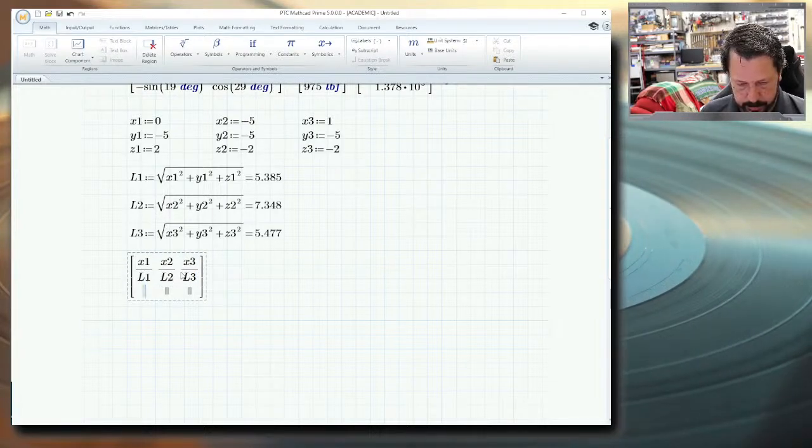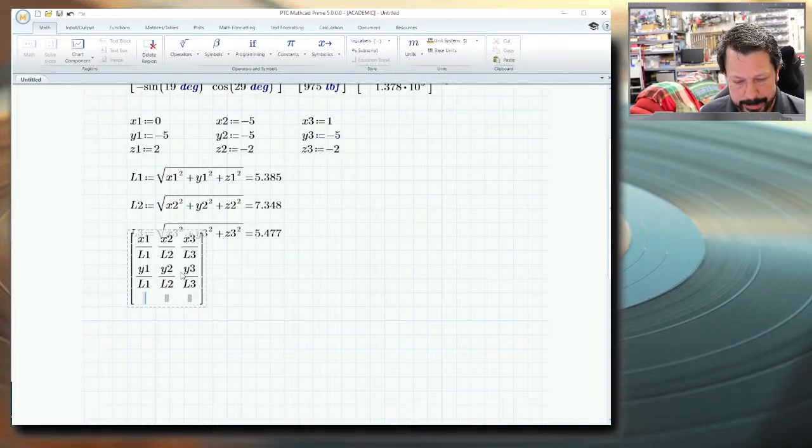And then we need all the y. We did y's in the middle row, so y1 over L1, y2 over L2, and y3 over L3. And then our bottom row, we did the z's, z1 over L1, z2 over L2, and z3 over L3.